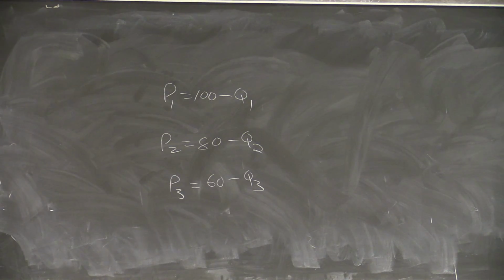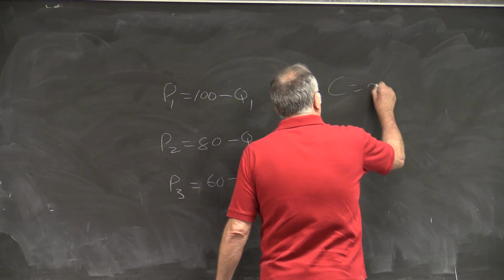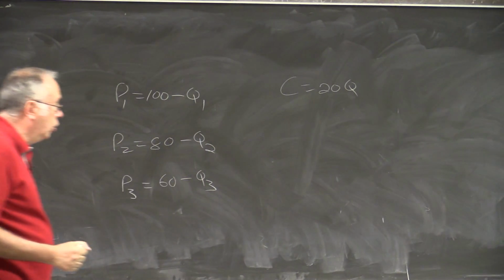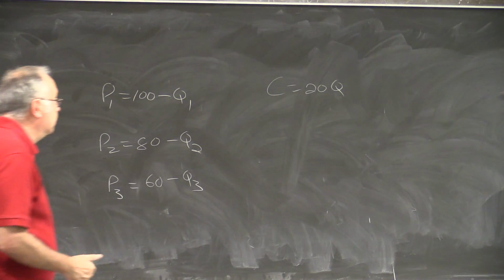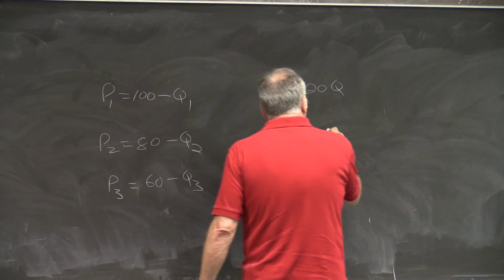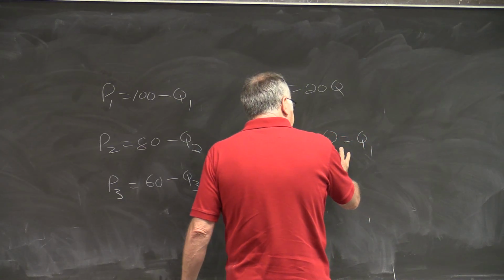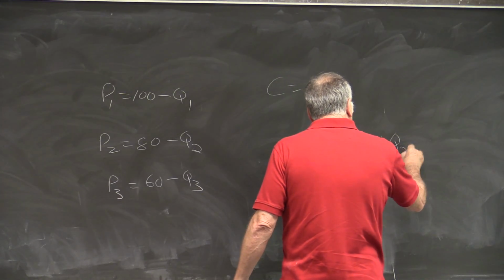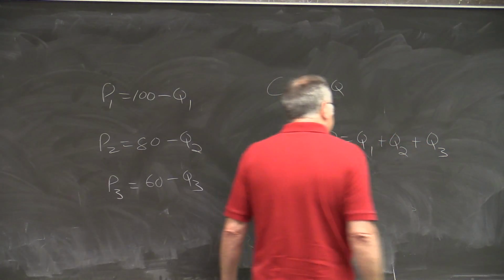The cost function, again, let's just use this, only now Q is Q1 plus Q2 plus Q3. Total output is the amount you sell group 1 plus the amount you sell group 2 plus the amount you sell group 3.